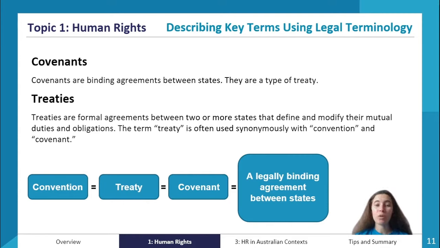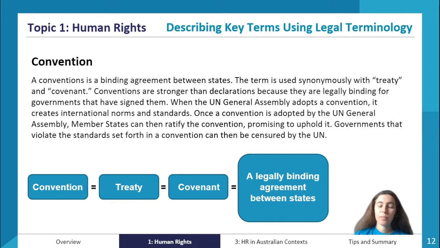So they're entering into an agreement, and that agreement is putting into words what their obligations are, what that country is required to do for whatever it is that agreement is on. So the term treaty is often used synonymously with both convention and covenant. And we can see there at the bottom, those three terms all basically mean a legally binding agreement between states.